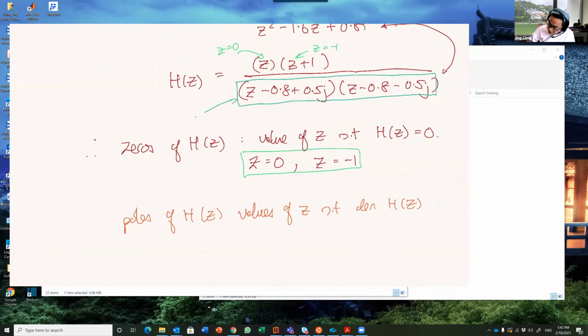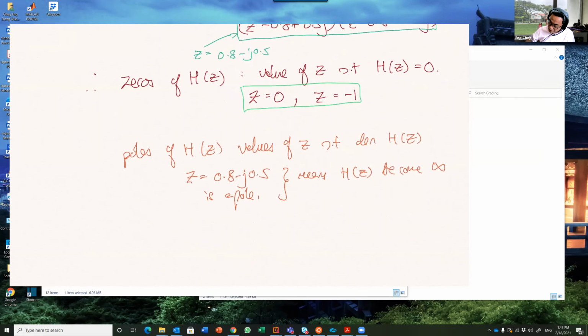So when z is equal to 0.8 minus j 0.5, then this guy becomes 0. So something over 0 is infinity. So z equals to 0.8 minus j 0.5 is a pole. The word pole means that h of z becomes infinity, because something over 0 is infinity.